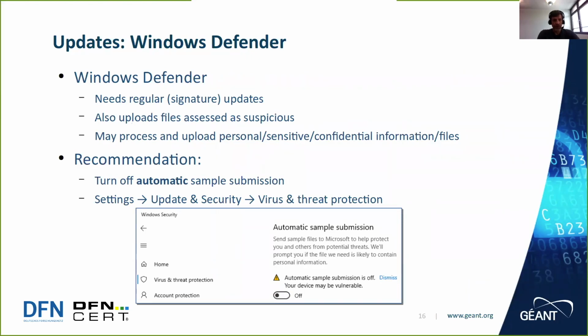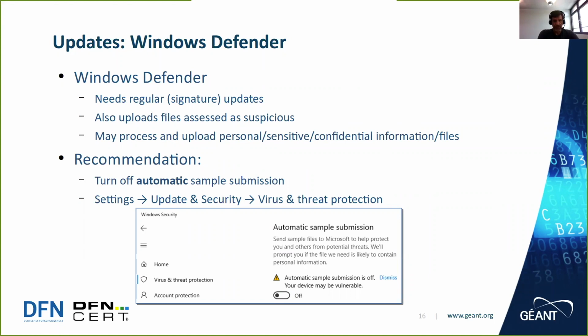So then there is something I will handle in the course of updates. It's the Windows Defender, which of course needs regular signature updates, but the Windows Defender also uploads files it thinks of being suspicious, and we don't have real control about what is being uploaded, so it's just up to Microsoft what they do here.